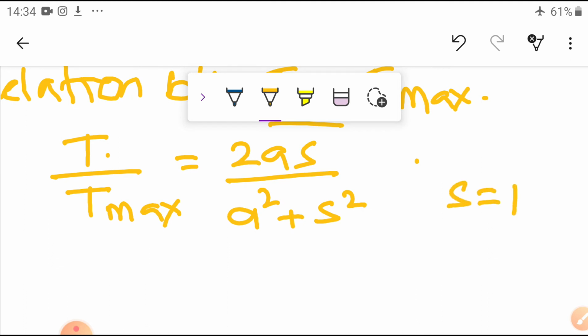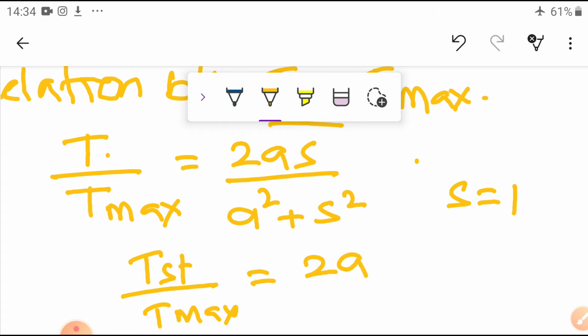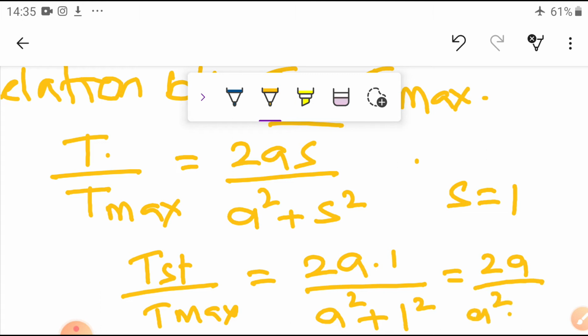Substitute in this equation: T start by T max is 2A into 1 divided by A square plus 1 square. So, this is the formula: 2A by A square plus 1.